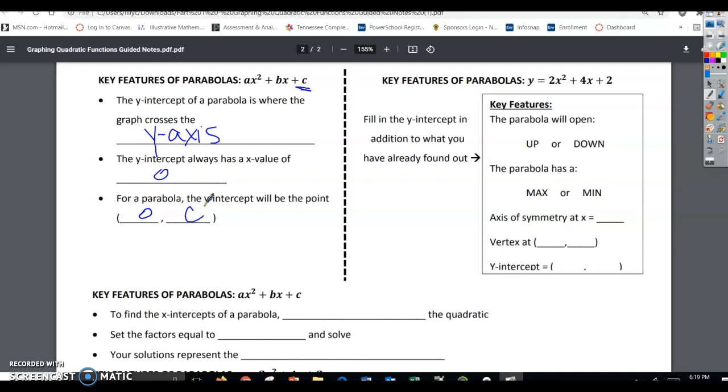All right, it says key features of parabolas. So we're going to look at 2x squared plus 4x plus 2. It says fill in the y-intercept in addition to what you have already found out. Because 2 is positive, we said that this went up, so it means it has a minimum value. The axis of symmetry, I believe that was negative 1.